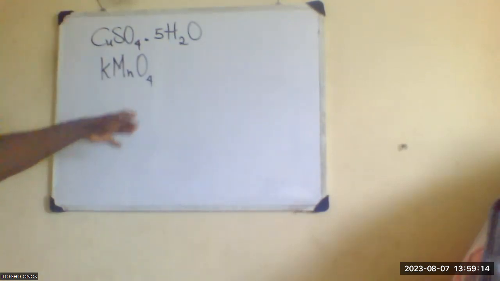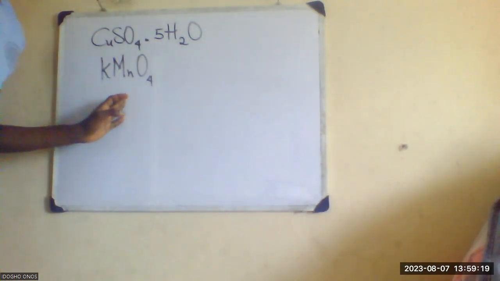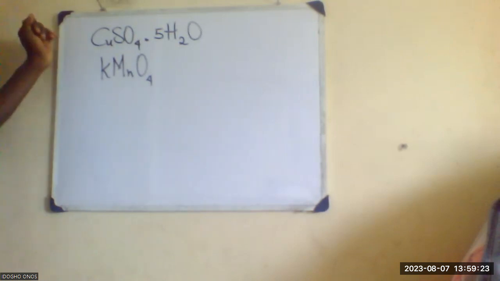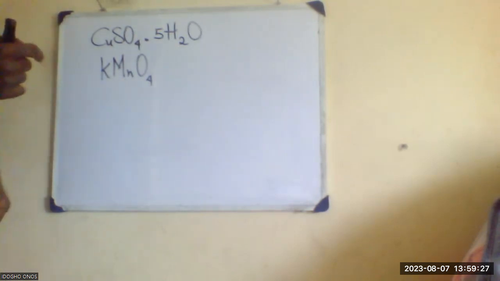So the manganese is 7. So that would be potassium tetraoxo manganate 7. Not manganese, because the symbol Mn is manganese on its own. So it will be manganate 7.